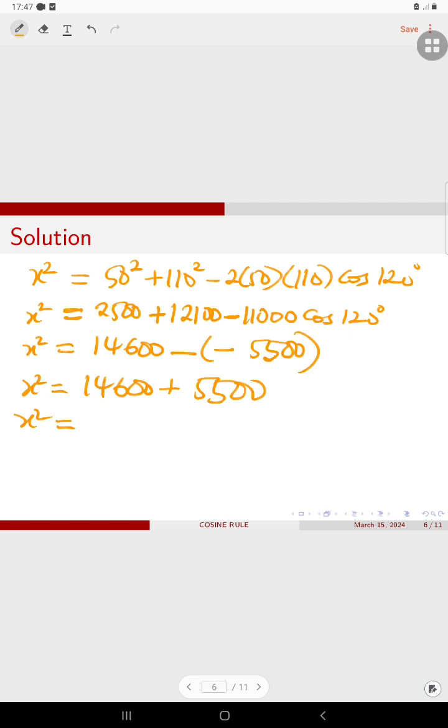Take your calculators. We are adding. This will give us 20,100. Now we take the square root of both sides. And this will give us what?